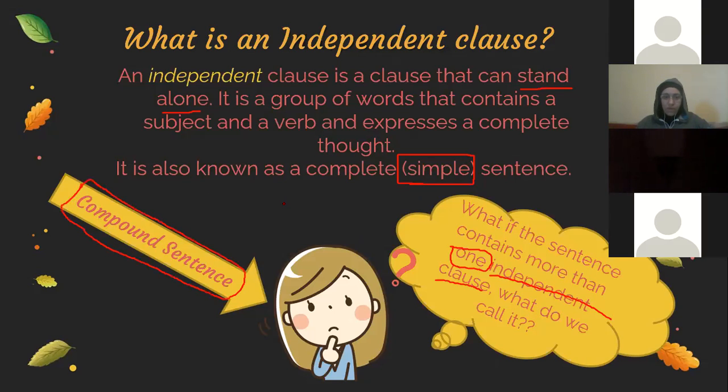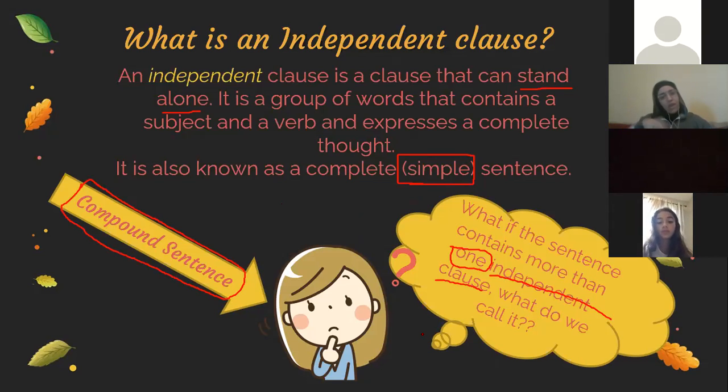When I have more than one subject, more than one predicate, and more than one idea joined together in one long sentence, then it's not a simple sentence. It is a compound sentence. How and what shows me that it's a compound sentence? I'm going to show you in the following.